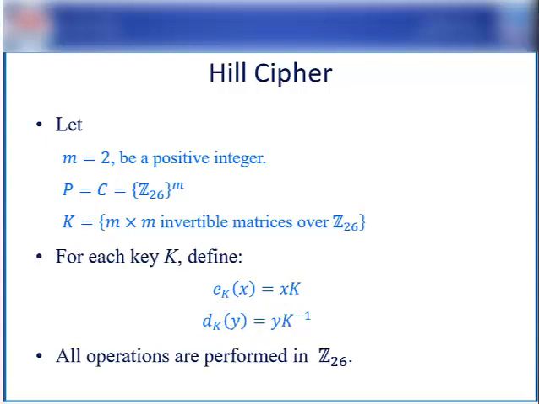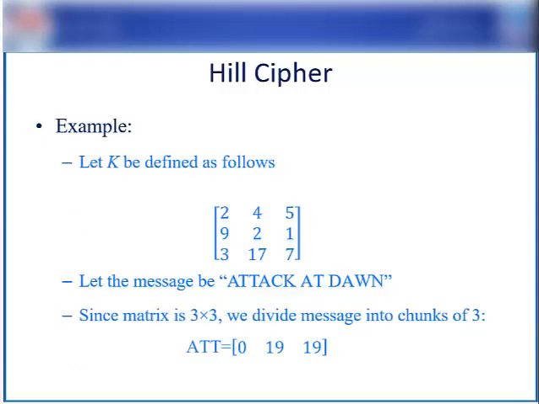So let us consider this cipher in a more detailed example. As I said before, the key here is a matrix. Let the key be defined as this matrix. We are going to encrypt the message attack at dawn. Since our key matrix is 3 by 3, we need to divide our message into blocks of 3 letters. So at each encryption, we encrypt 3 letters.